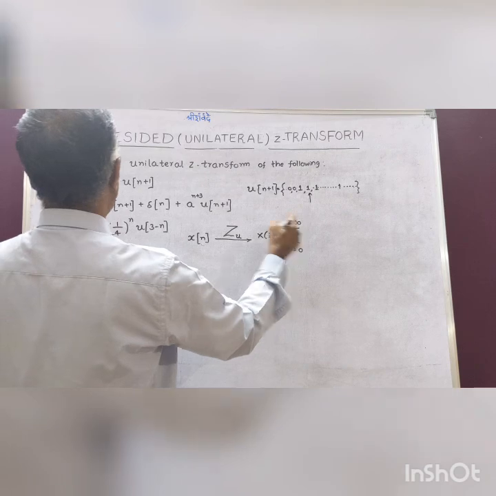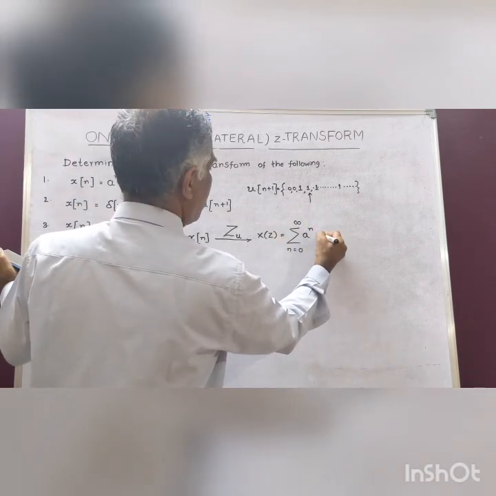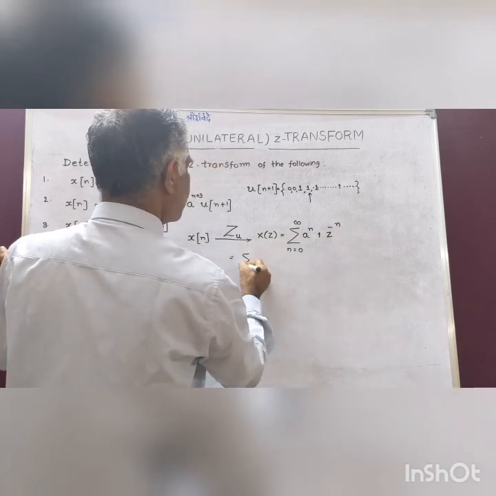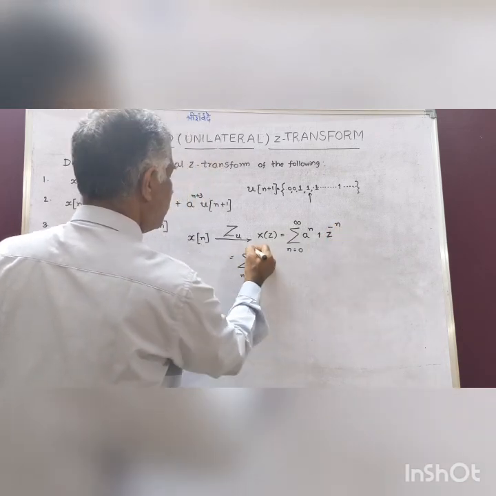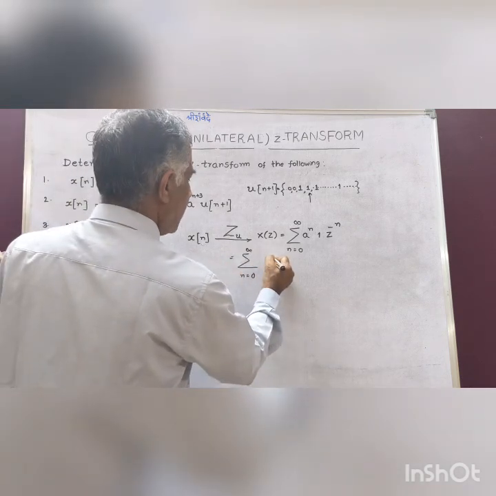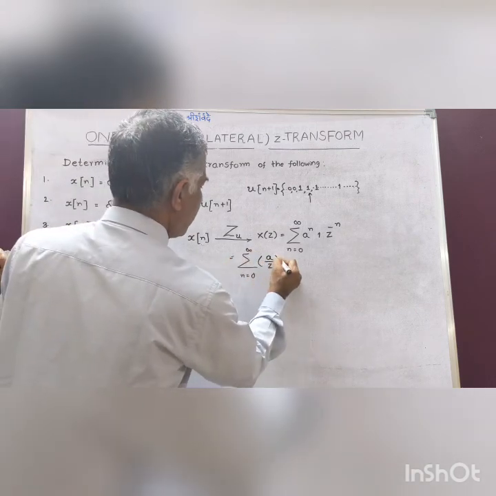Therefore, from 0 to infinity, a power n and u of n plus 1 is 1, z to the power of minus n. That is the sum from n equal to 0 to infinity of a by z to the power of n.